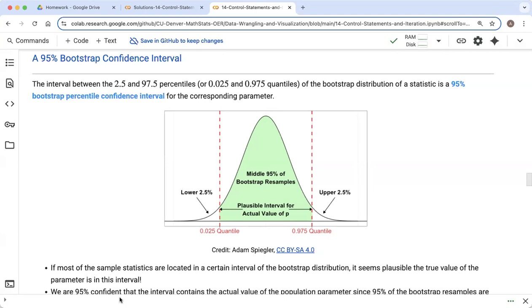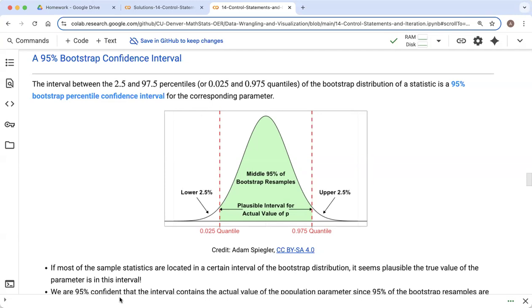And the confidence level of a confidence interval tells us the odds of success. What are the chances of success? So for example, a 95% confidence interval tells us that the confidence interval that we get has a 95% chance of actually containing the population mean that we're trying to estimate. So it's giving us our odds of success.